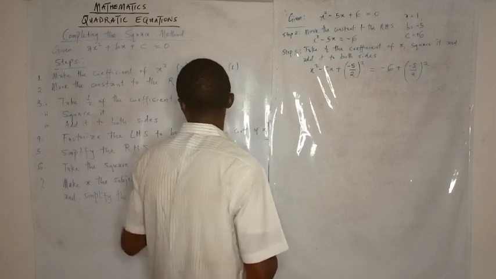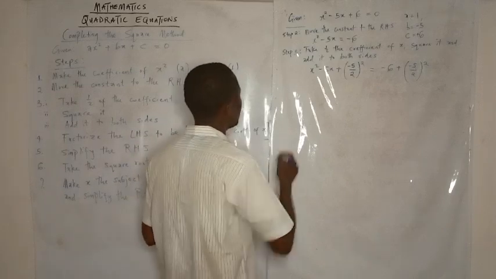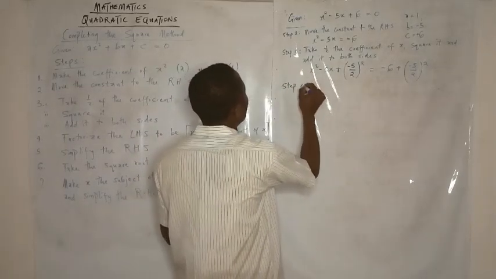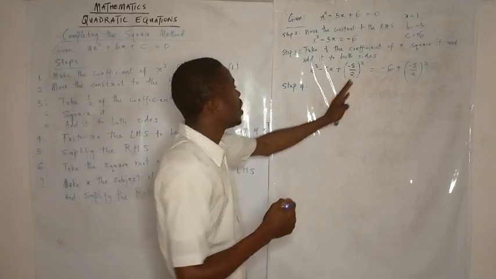When we've done that, step 4 says we should factorize the left hand side.